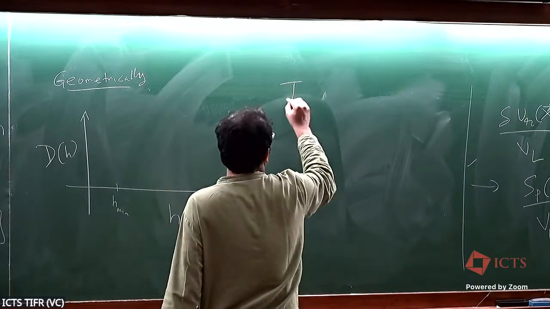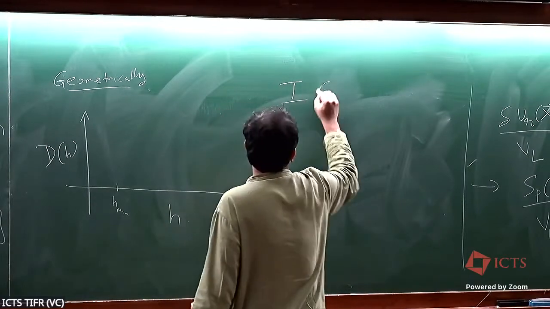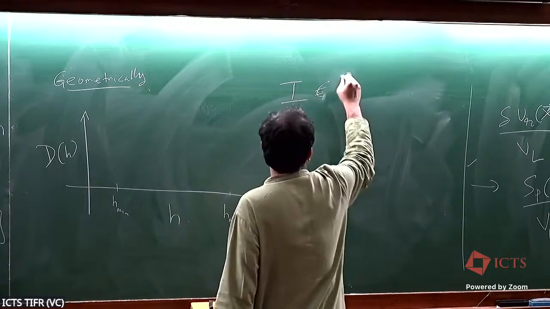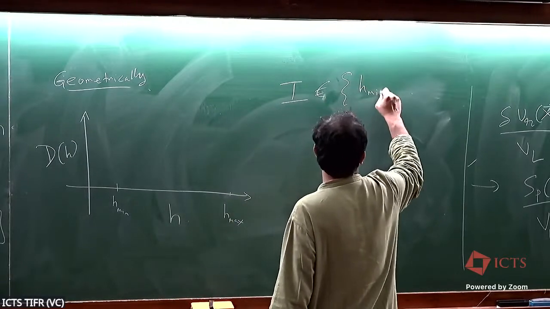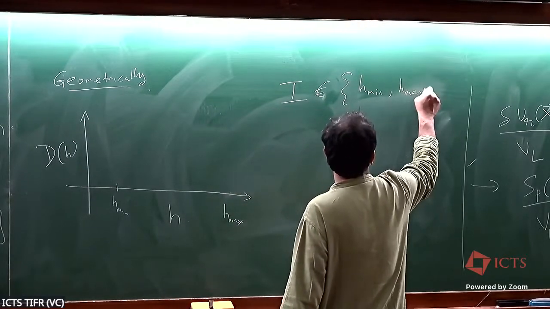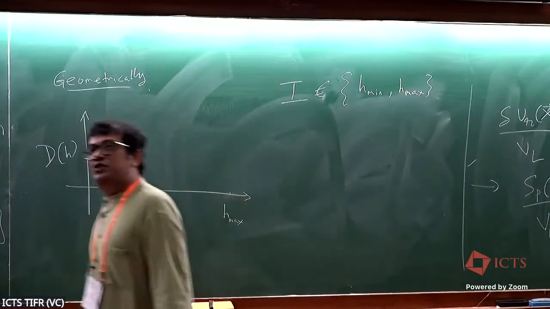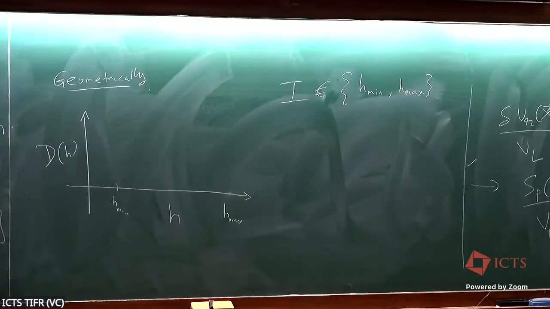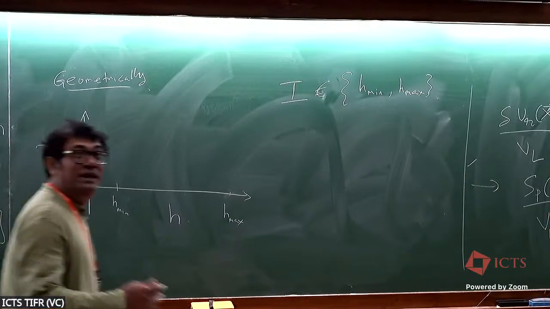Remember, I'd used I, the interval for h min. And so far, we really haven't discussed whether h minimum has to be 0, h minimum has to be minus 38.7, or h minimum has to be 42 or 1/3. So far, there has been no constraint on the h min and the h max.